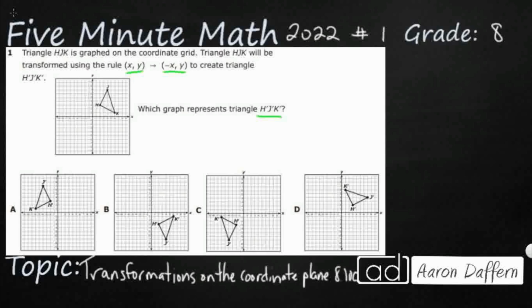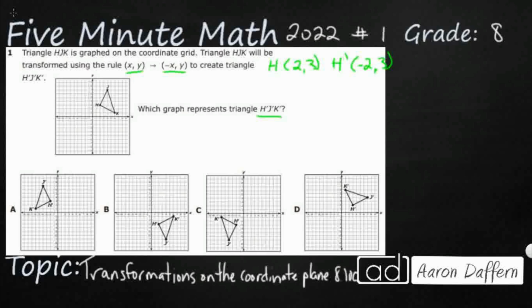Well, let's see if we can graph this a little bit. So H, right, that's going to be 2, 3, which means H prime, right? Remember, this rule is we're going to do x, y transforms into negative x, y. So that's going to be negative 2, 3, right?